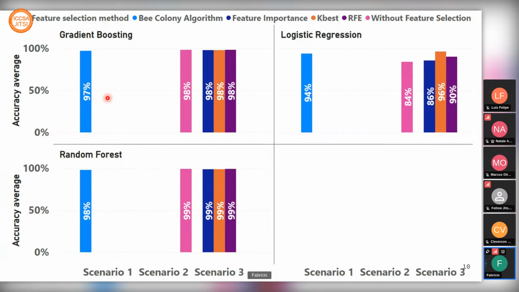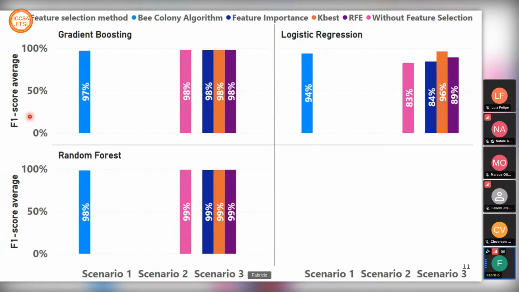Of course, we would expect slightly better results with the ABC as the feature selector, but being able to keep at least the same accuracy as the baseline is also good, because when you have more features, the classifier will take longer to train. So we get faster training when we have fewer features.